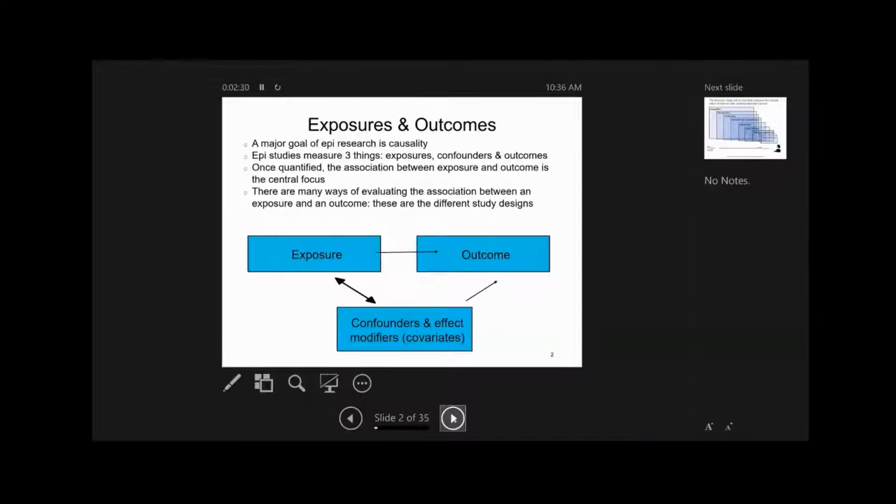Sex is a covariate that we always consider because we wonder sometimes whether the exposure and outcome association is different for men versus women. So if you want to do sex disaggregated analysis, then you must measure sex as a covariate, right? Same thing goes for socioeconomic status.